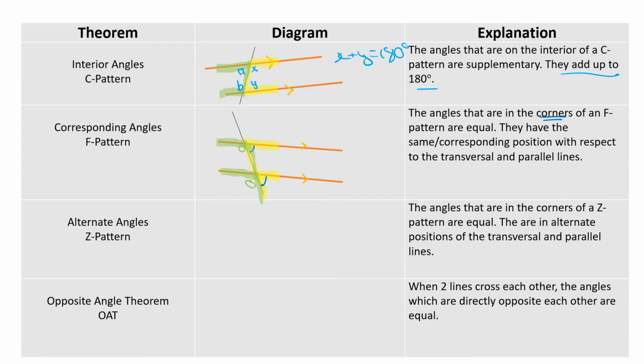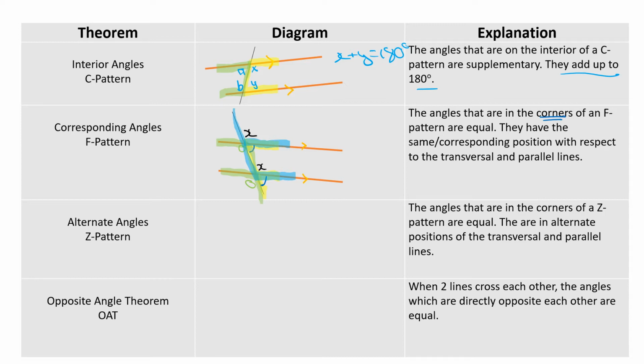Let's try another highlighter color. Here's an upside down and backwards F right there. There's another one. So that one tells me that this angle right here, I'll just put an X here, this angle right here and this angle right here, these two, they're equal to each other because they are corresponding.